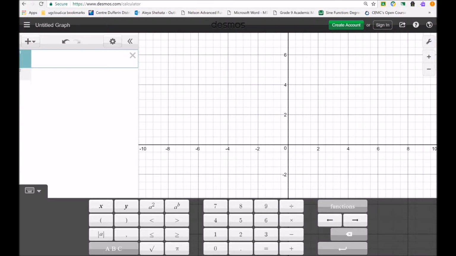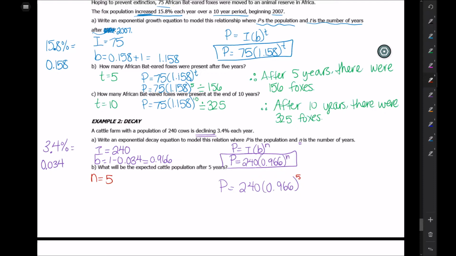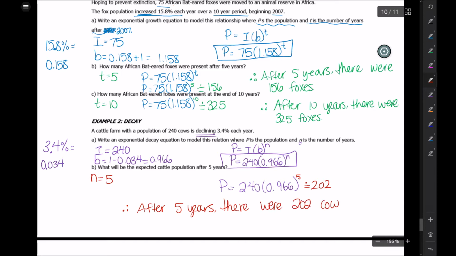So I'm going to X out of this, and here I'm going to write 240 times 0.966 all to the power of 5, and I get about 202. Okay, so we can say right here that this is approximately 202. So we can say, therefore, after 5 years, there were 202 cows. And we are done with that question, okay?